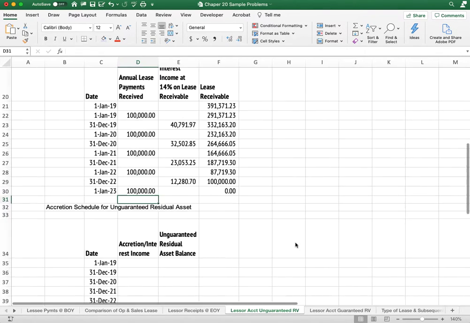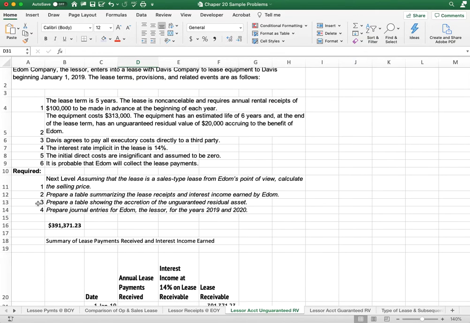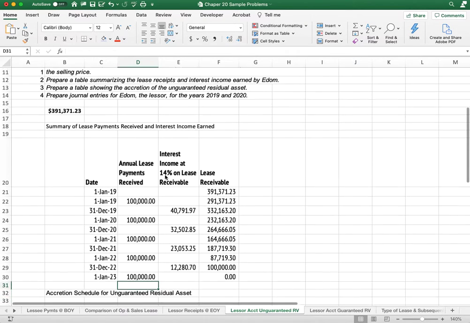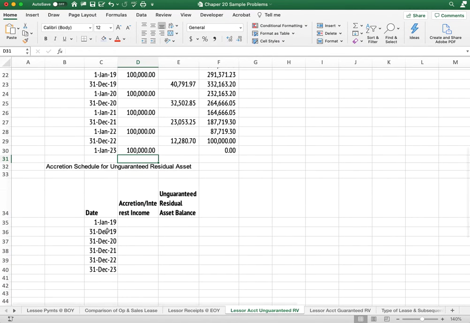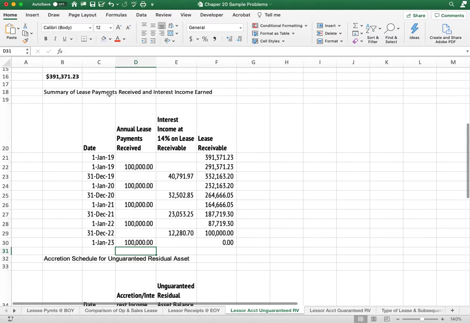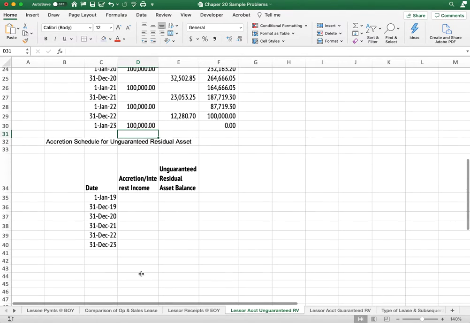The third part is to prepare a table showing the accretion of the unguaranteed residual asset, and so this is that $20,000 accruing to the benefit of Adam. We have a table similar to our lease payments, but we're looking now at the schedule for the unguaranteed residual asset. We'll start out with the balance of the present value of that one lump sum payment.